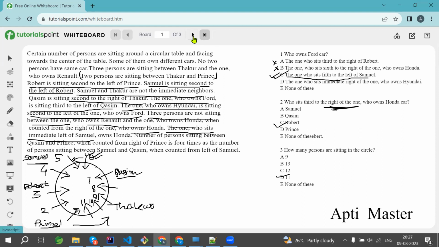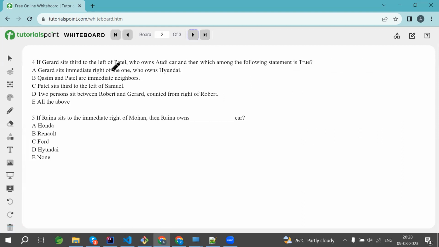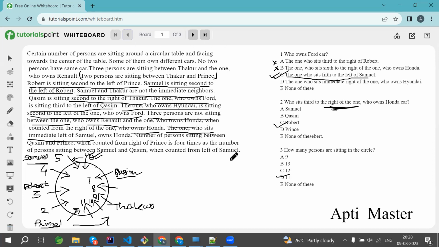See this one again. Now, if Girard sits third to the left of Patel, who owns the Audi car, then which among the following statements is true? Now we need to assume who owns the Audi car. Third to the left of Patel. We don't know where Patel is, where Girard is, right?